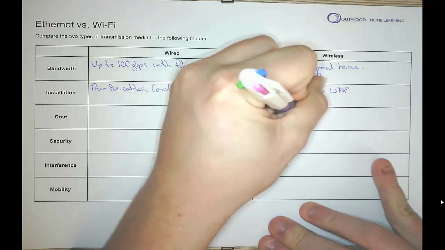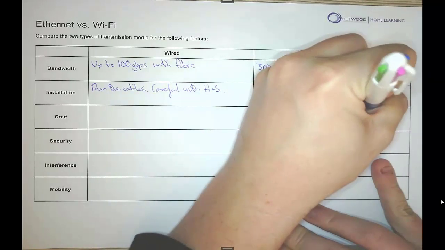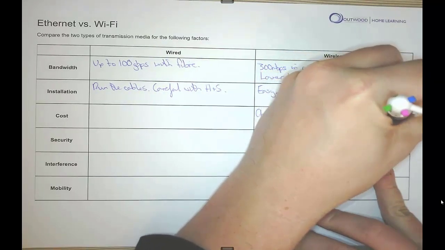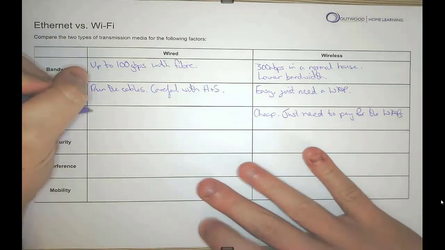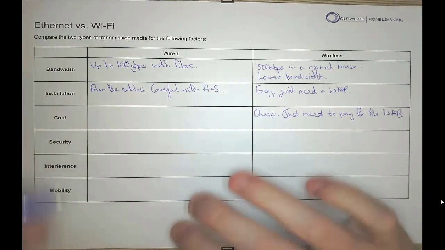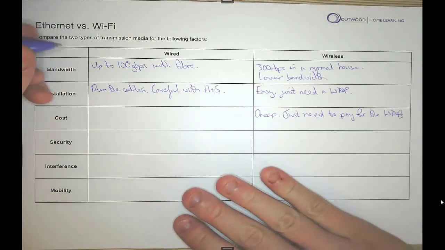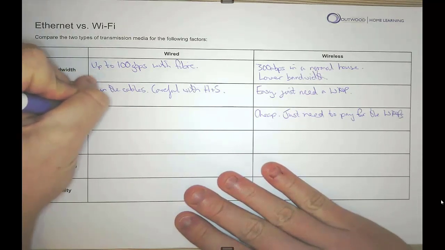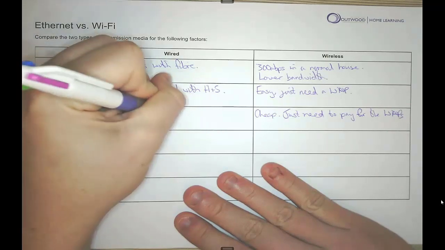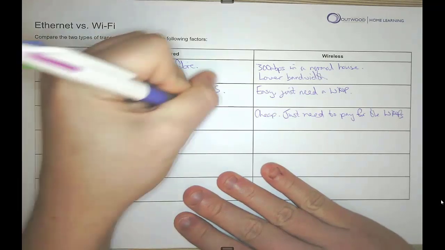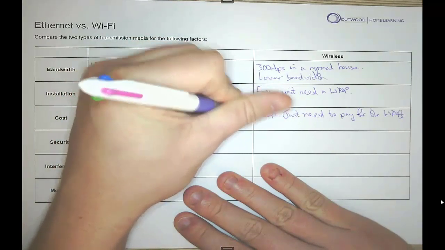Just need to pay for the WAPs. So the cost of wired, because you're going to need things like switches, and on a large level that can get quite expensive. Switches can be thousands of pounds for proper commercial networks. So you've got the cables and the hardware costs, and also the installation costs. Quite often you're going to have to get someone to professionally install it.